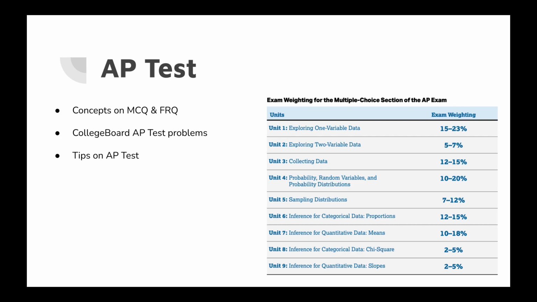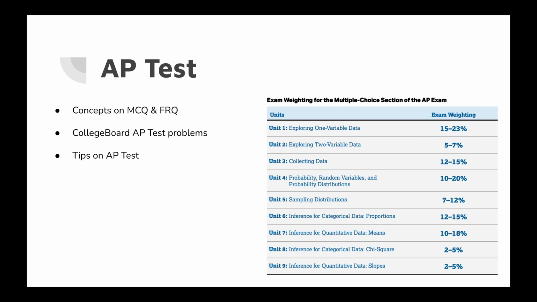On the bottom right corner, we have a table that shows exam weighting for the MCQ section. To give you an overview of these units, I'll simply explain them one by one. So, for Unit 1, exploring one variable data, we will learn fundamental concepts that will become a foundation for the entire AP Statistics course.